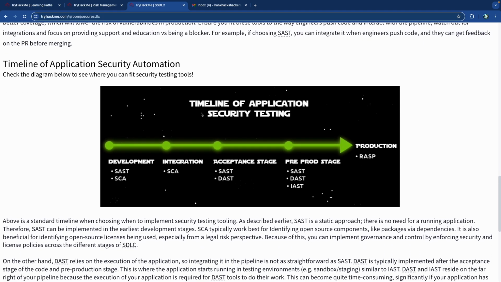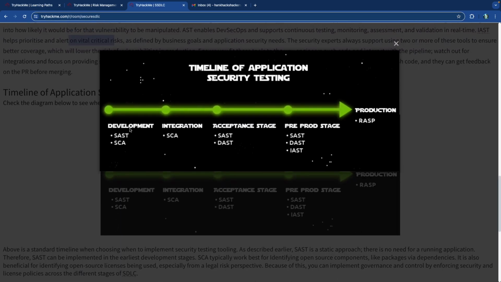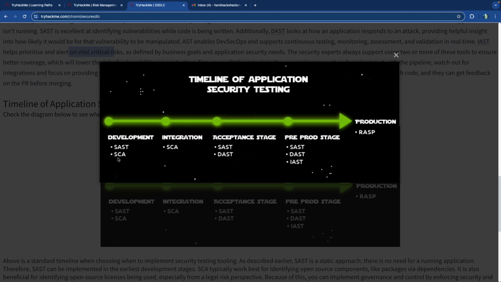So if you were to look at it in the timeline of the development of the software, this is what you would do at the very beginning while you're developing the software. During the development phase, you would do SAST and SCA. And then during integration, you would do SCA. And then when you're going through acceptance, you would do SAST and DAST.